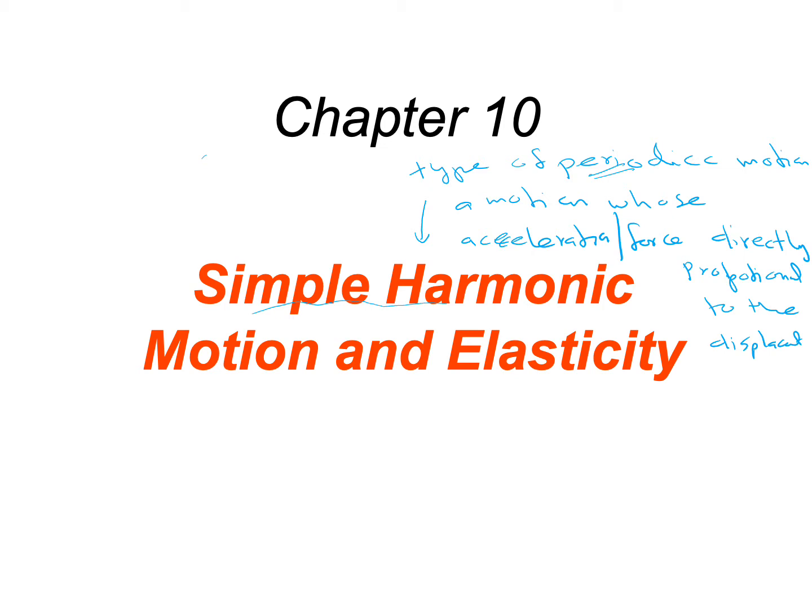And the other part of this topic is elasticity. So what is elasticity? Let me give you an example. Let's say we have a small piece of sponge, and when you apply a force to this sponge, you make some sort of a deformation of this nice square shape.